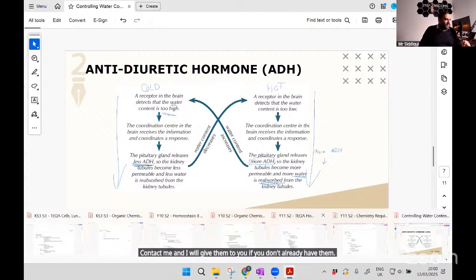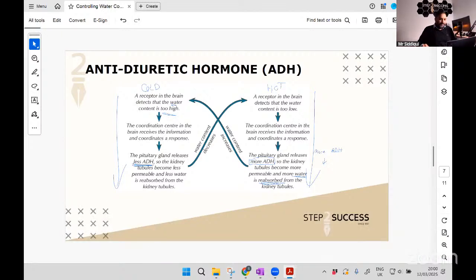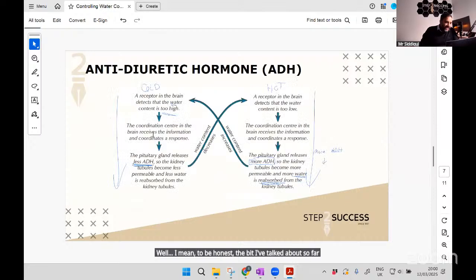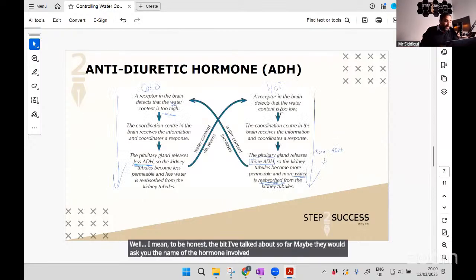Right. What kind of exam questions would they ask for this topic? Well, to be honest, for the bit I've talked about so far, maybe they would ask you the name of the hormone involved. They might ask you what happens when it gets too hot, in terms of this hormone being released.